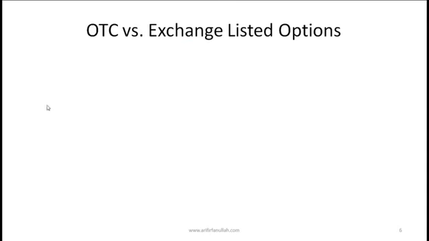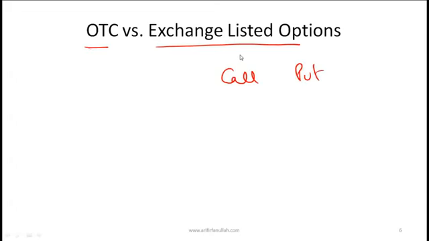Very briefly, you need to understand the distinction between over-the-counter and exchange-listed options. Now, if you have an options exchange, as we do have in say New York and Chicago, this implies that options are being traded on a formal exchange. So in the US, for example, we have exchanges where we can buy and sell call options on stocks, put options on stocks.